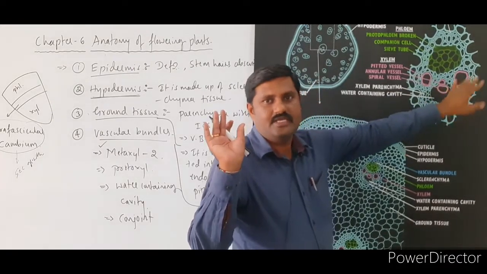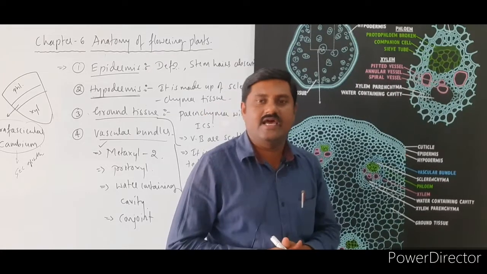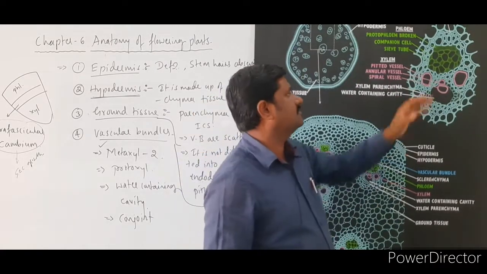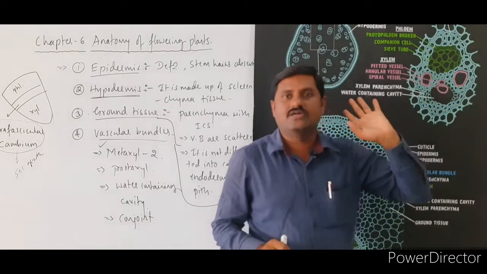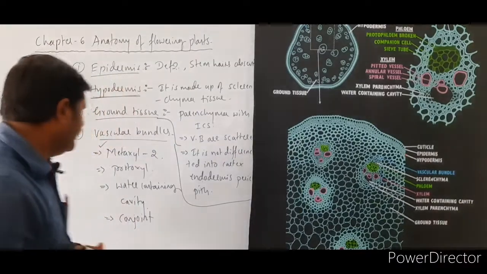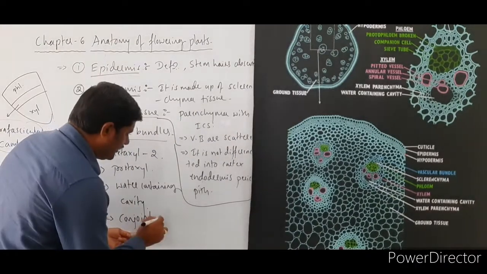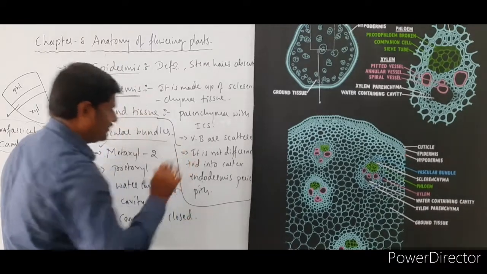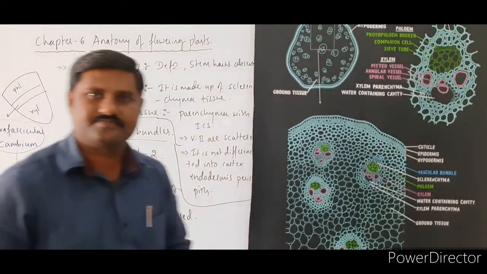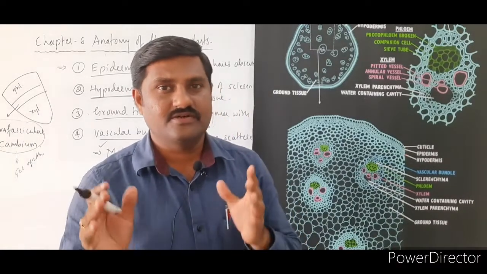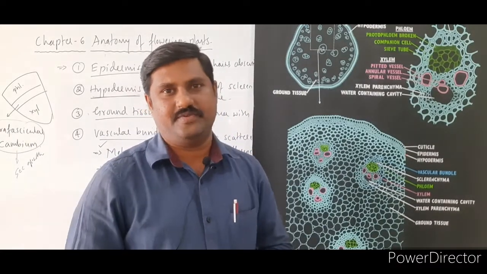No. There is no intrafascicular cambium seen in the monocot vascular bundle. Hence this kind of vascular bundle is said to be conjoint as well as closed vascular bundle, right? Conjoint as well as closed vascular bundle it is said to be.